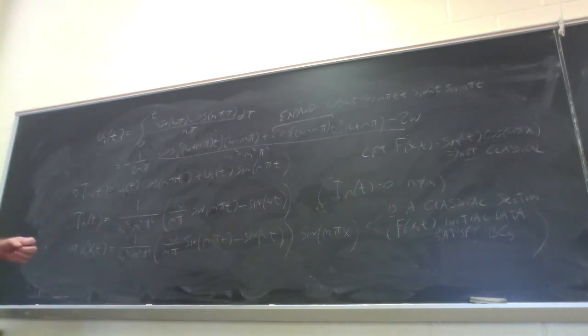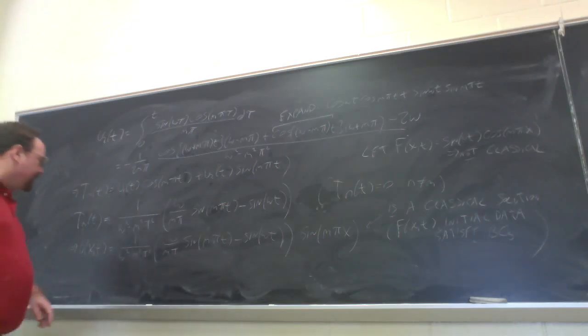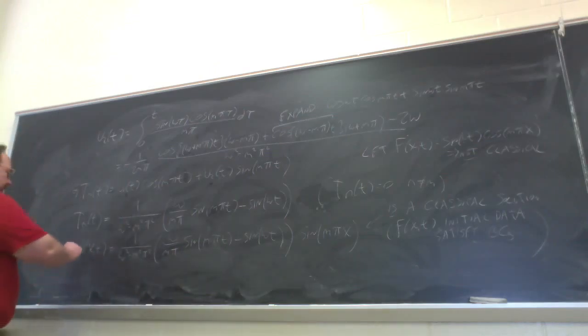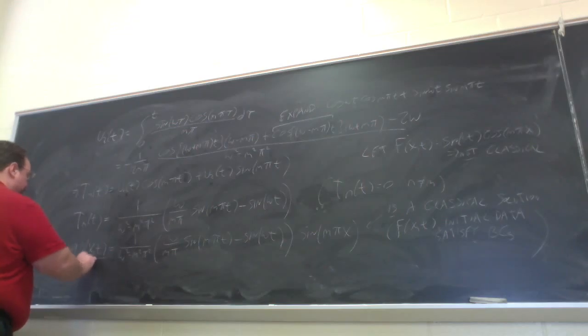I want to comment on this solution and its behavior physically before I move to the case of omega equaling m pi in absolute value. So what happens here is u of x,t is the displacement at the point x and the time t of a vibrating string.